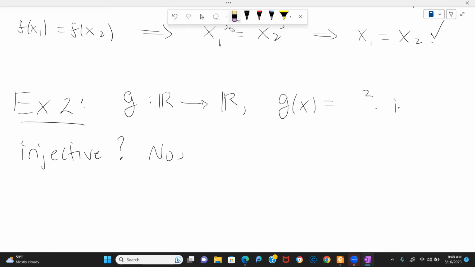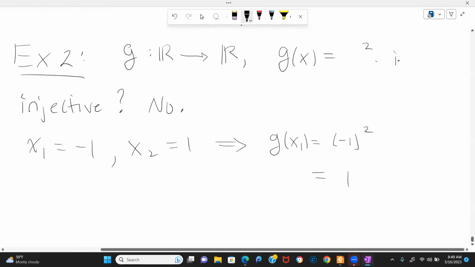But how do we prove something is non-injective? Well, I just need to find a pair of points, x1 and x2, that are distinct, but their outputs are the same. That's not too bad. Just take x1 to be -1 and x2 to be +1, and you have that g(x1) is equal to (-1) squared.